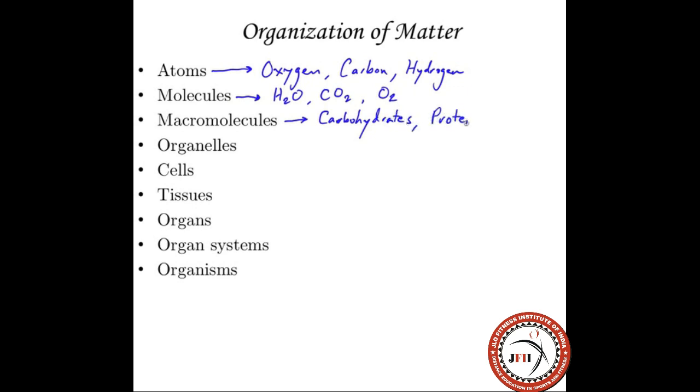Protein, a very important one. And let's also list DNA. That's another macromolecule, RNA. These are all very big, lots and lots and lots of atoms, and these are the building blocks of life.